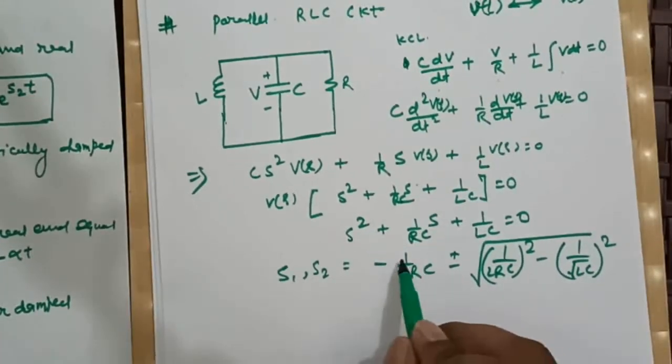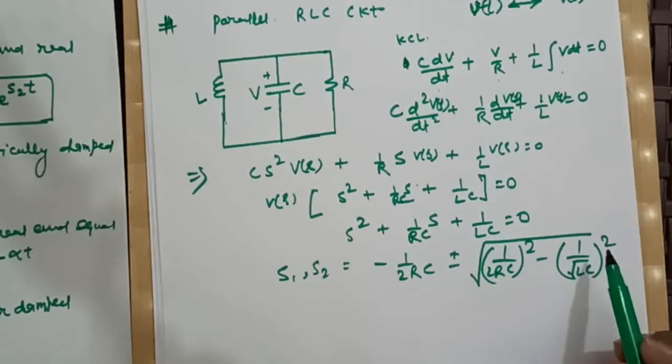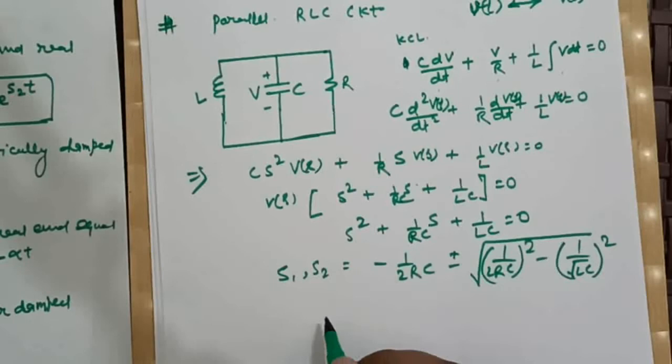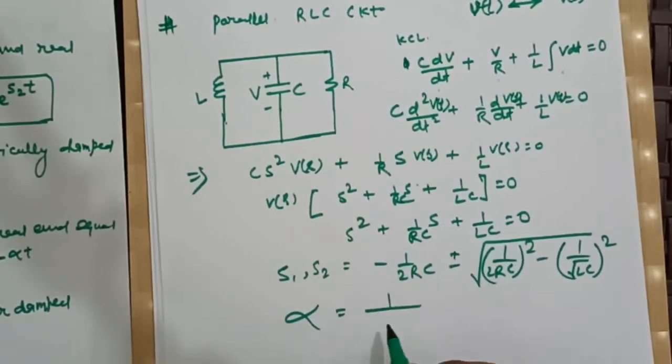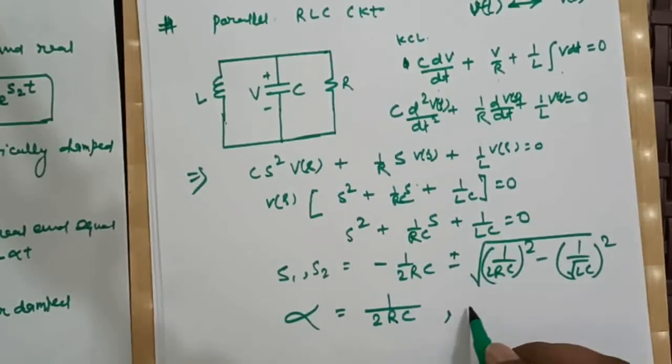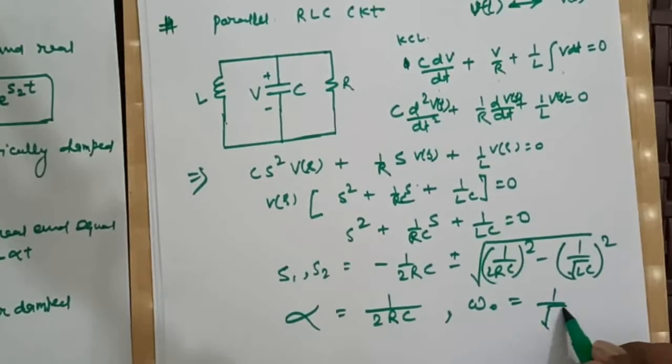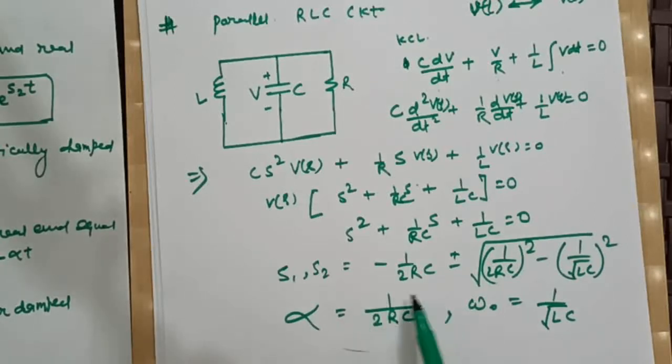Now once again calling this term alpha and this as omega naught. Let us say our alpha is 1 by 2RC, our omega naught is 1 by root LC. Clear? Just the same as the previous one. This is the undamped natural frequency and this is the damping factor.